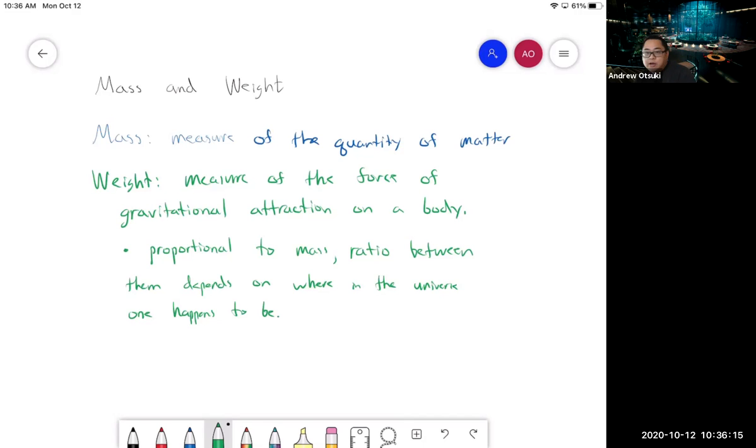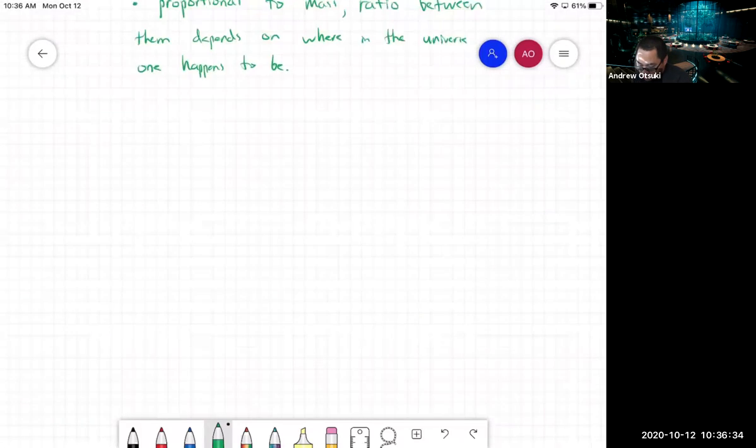So we can measure accurately the mass of an object using an electronic scale. Okay, let's talk about the SI units for mass.